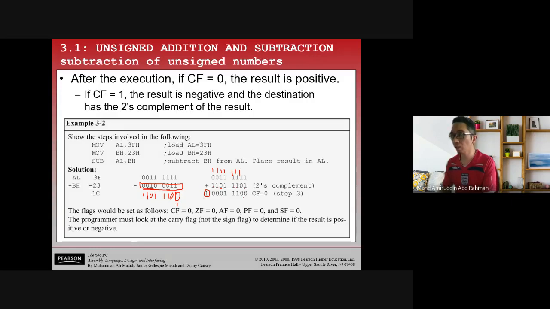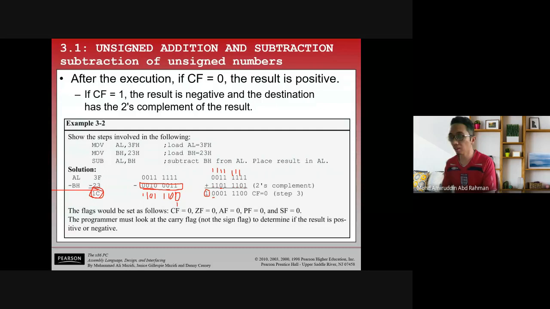Okay, your CF is 0. Because when you perform the subtraction, the result actually gives you the positive number, by looking at the sign over here.